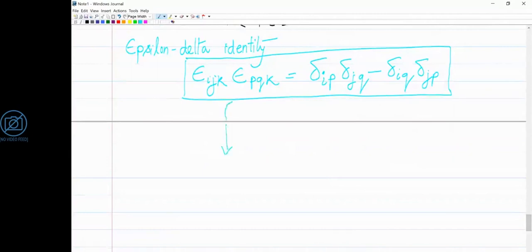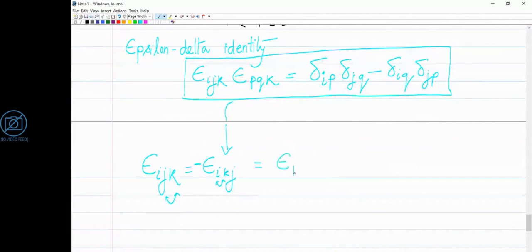And finally, at many places you will see it written in a different way. For that, you have to understand that epsilon ijk is equal to epsilon ikj, but with a minus sign. If you flip the index, you get a minus sign.